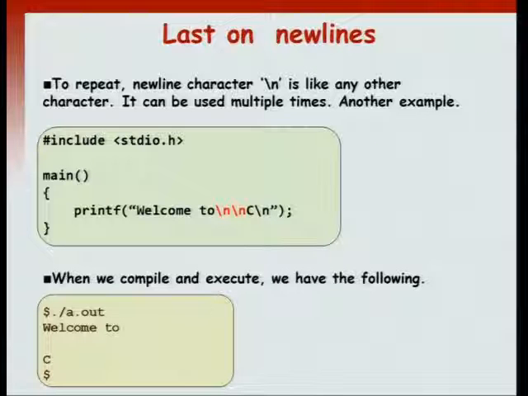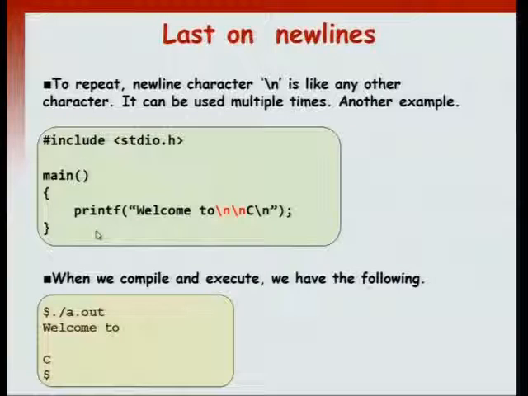Okay. So a new line character is something that is used to make your output messages a little prettier. So let's just conclude by saying one more thing about new lines. The new line character \n is like any other character, and you can use it multiple times even within a single message. For example, if I do the same program, but let's say I have welcome to \n \n C \n.